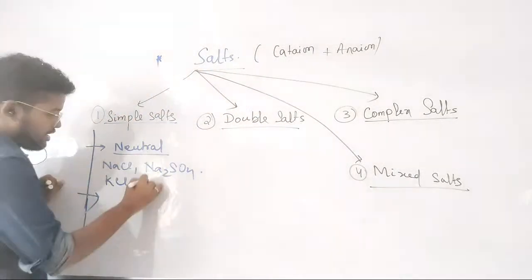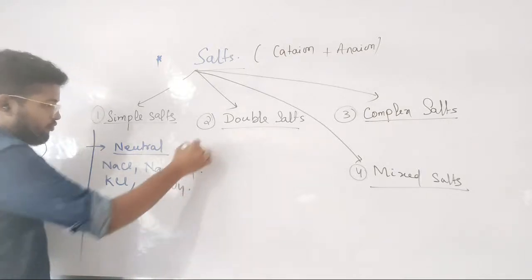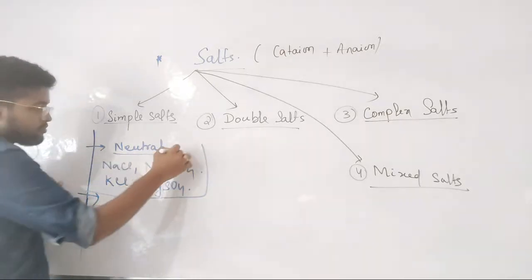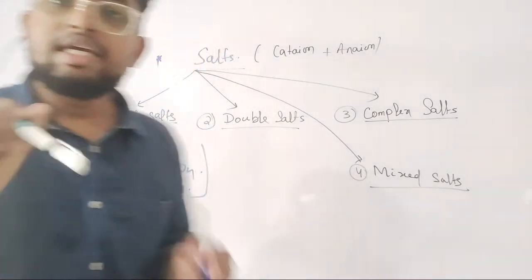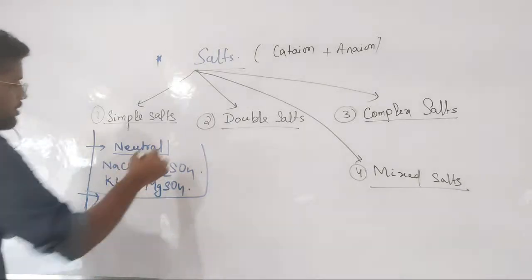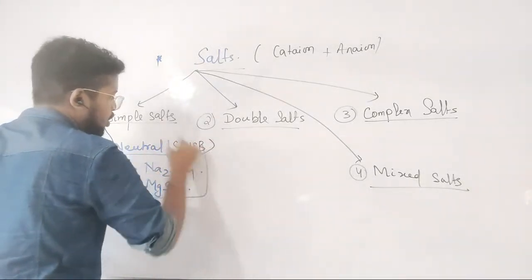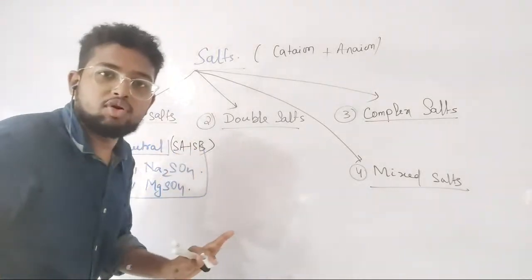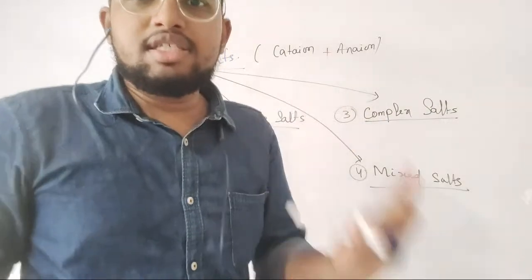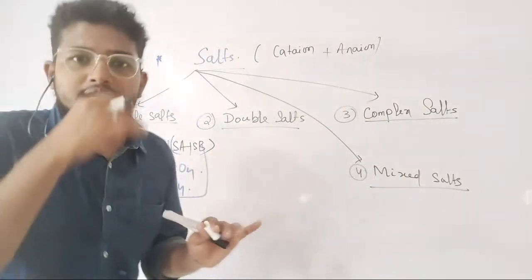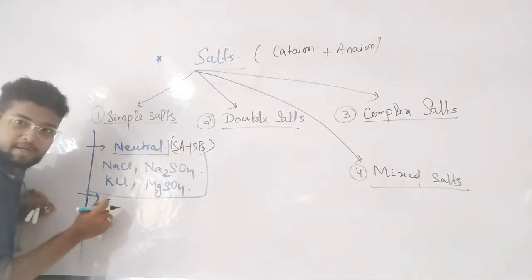So KCl, can I write MgSO4? Can I write NaNO3? So all of them will be in the neutral salt category, whoever are made from a strong acid plus strong base. We all know this from our lower classes, right?